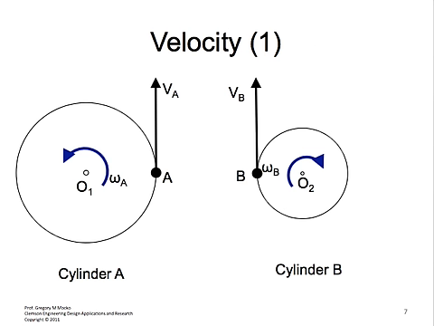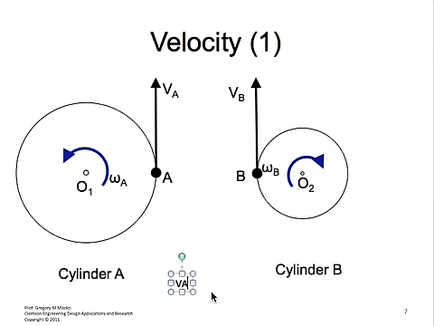If we look at the velocity of two cylinders, and they're currently not meshed and not touching, but if we look at the velocity at point A, we know how to compute its magnitude.